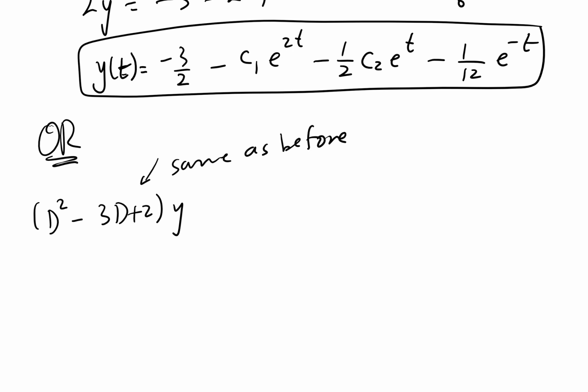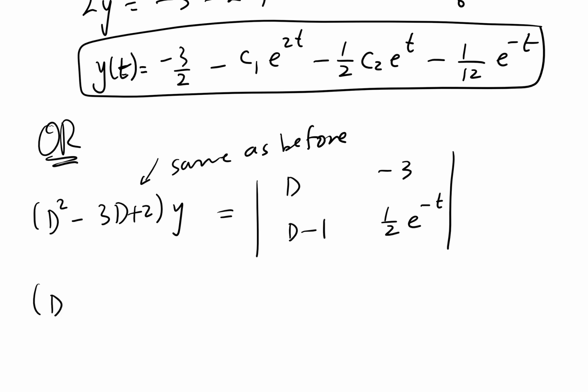as happened in x. But then there's a determinant we have to work with, d, d minus 1, and replace the y thinking with negative 3 and 1/2 e to the negative t. Then again, this is d minus 2, d minus 1, y equals, derivative of this is negative 1/2 e negative t.